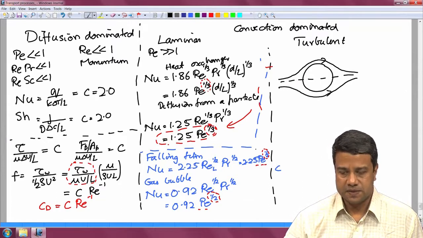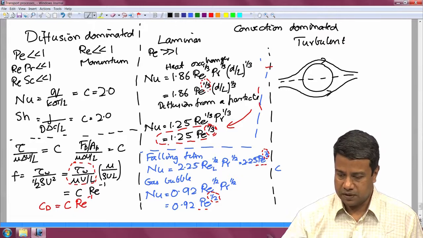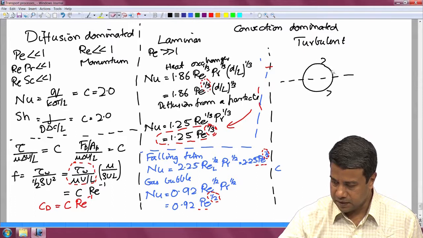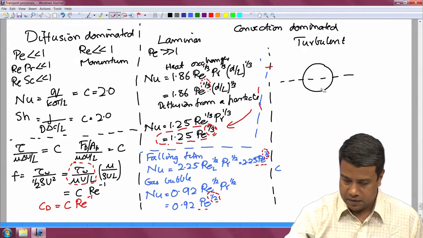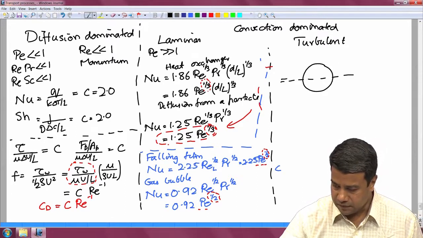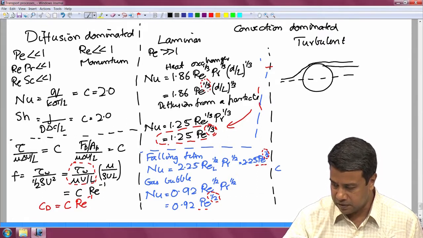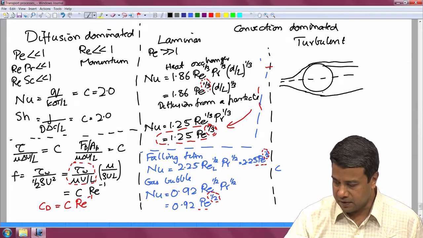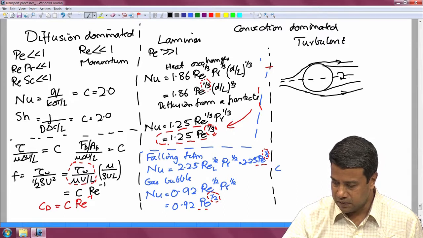As the Reynolds number keeps increasing, at some point you will have the flow separating out from the surface of the particle. It no longer is symmetric between the front and the rear, and then you have this wake region at the rear where you have circulation.